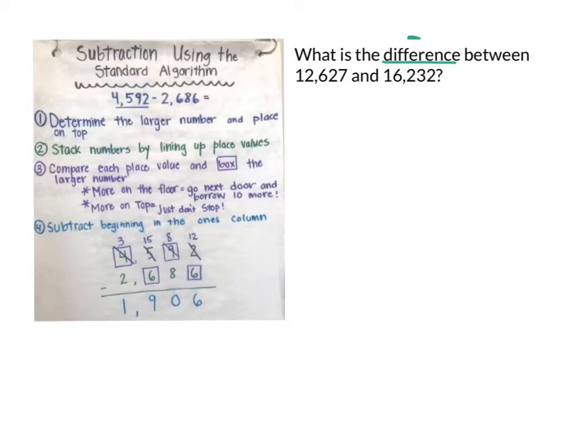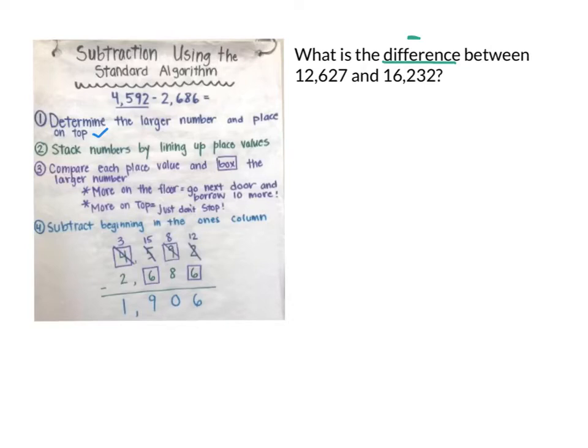Our first step says determine the larger number and place on top. This step is so important. When we are subtracting with standard algorithm, the larger number has to be on top. So let's look at our two numbers, 12,627 and 16,232. In both numbers, we have a digit up to the 10,000s place.